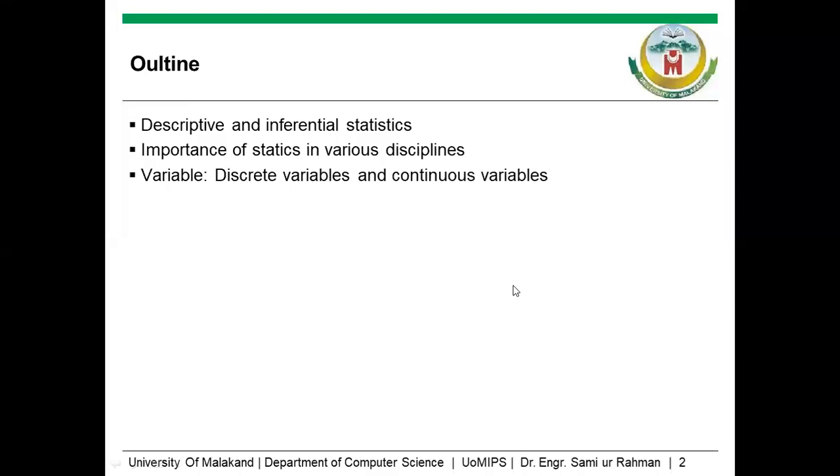Okay, so the outline of today's talk will be these points. First, we will talk about descriptive and inferential statistics, and then we will discuss the importance of statistics in various fields.